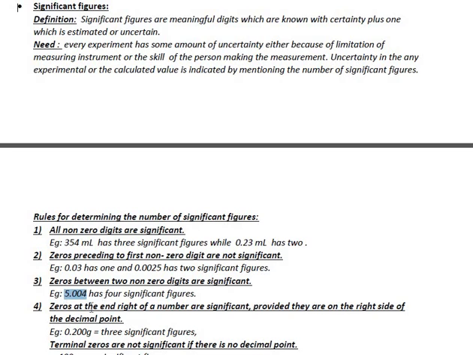One is 5, another is 4. So, according to the rule, zeros between two non-zero digits, these two zeros which are between 5 and 4 are considered significant. So, the given example has 4 significant figures.